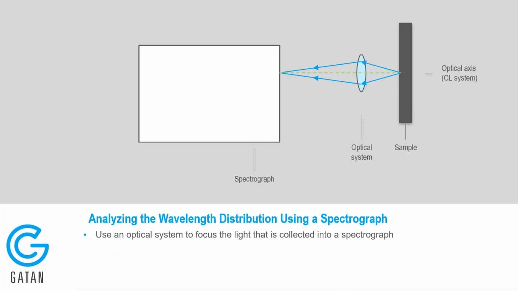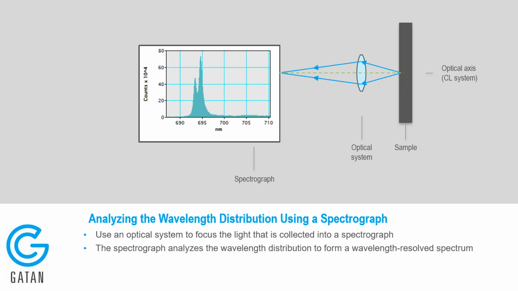So, to capture or to analyze the wavelength distribution emitted from a specimen, we use a spectrometer or a spectrograph. So this is a simplified ray diagram, this time turned 90 degrees. Your sample is now on the right. It's an optical system that collects the light emitted from your sample and sends it to a spectrograph. And the spectrograph analyzes the wavelength distribution of the light that's emitted to form a wavelength resolved spectrum, so intensity against wavelength.